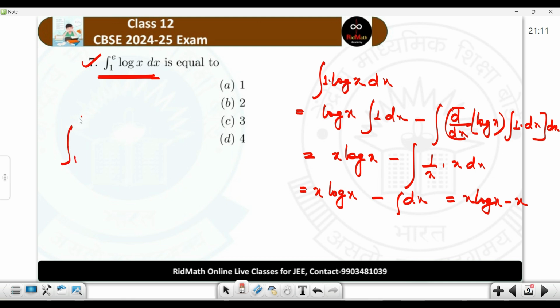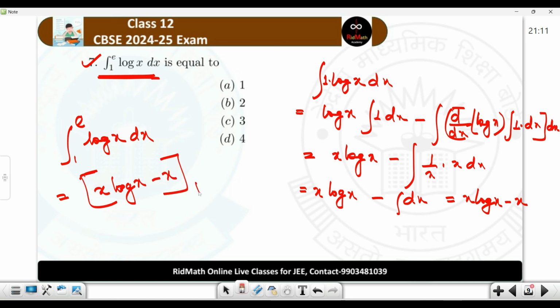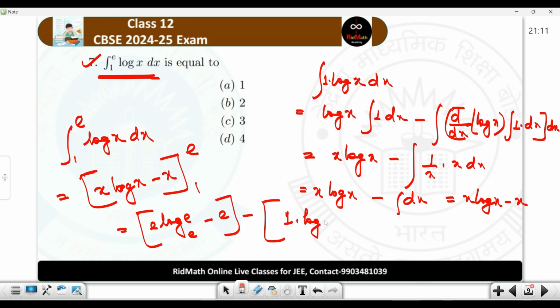So this is 1 to e log x dx. This is equal to, we are getting x log x minus x. The limit is from 1 to e. So e log e to the base e minus e minus 1 into log 1 to the base e minus 1.